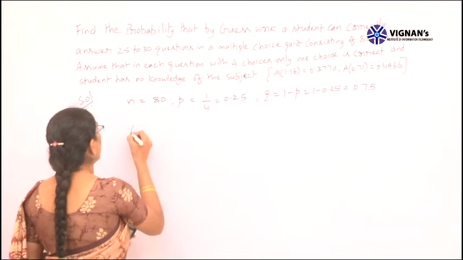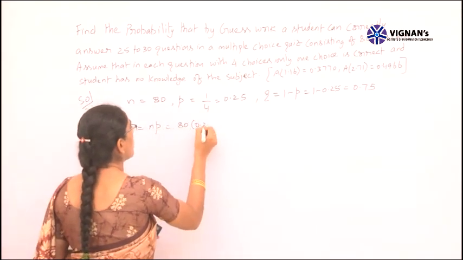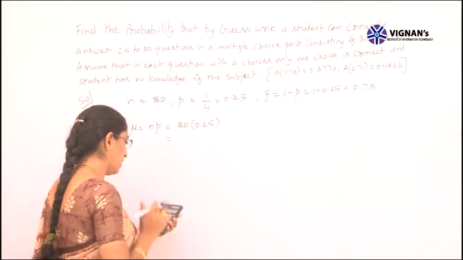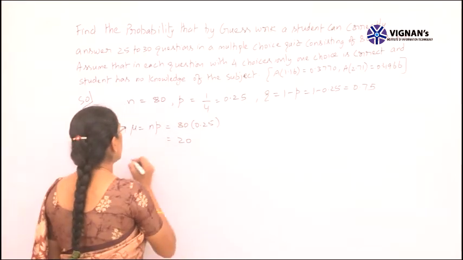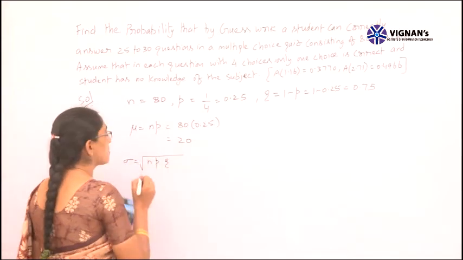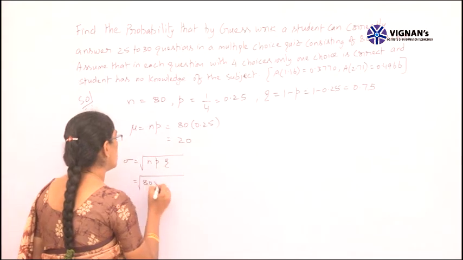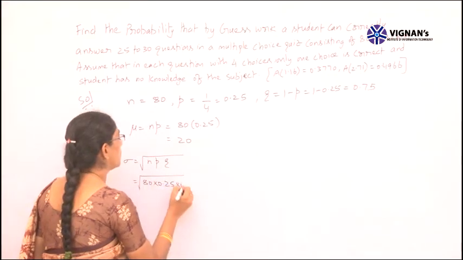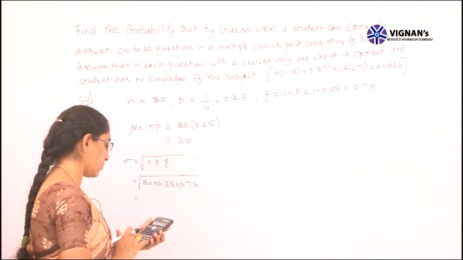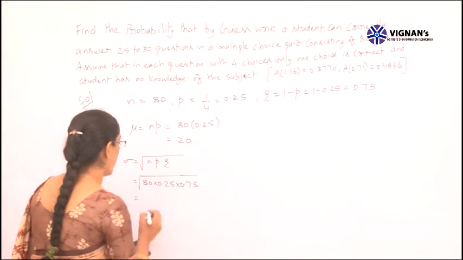Then mu is given by np, that means 80 into 0.25, which is equal to 20, and sigma equals the square root of npq, the standard deviation of the binomial distribution. So 80 into 0.25 into 0.75 under the square root is 3.87.